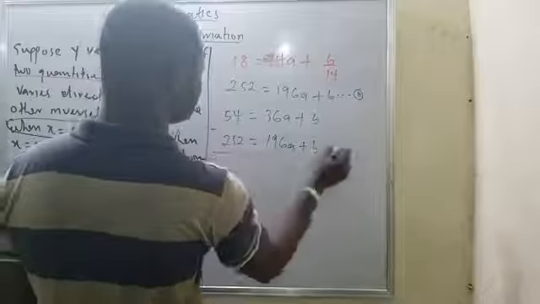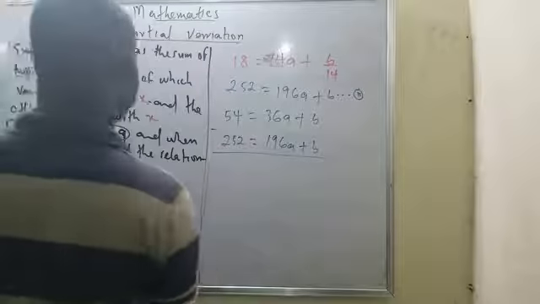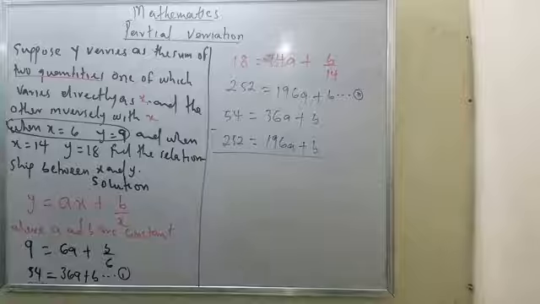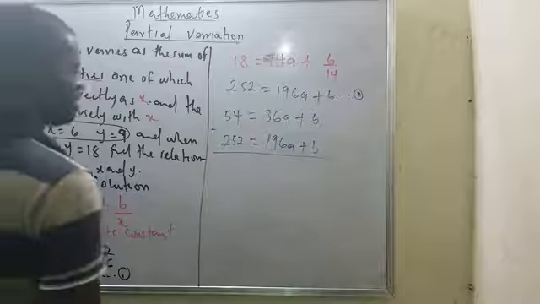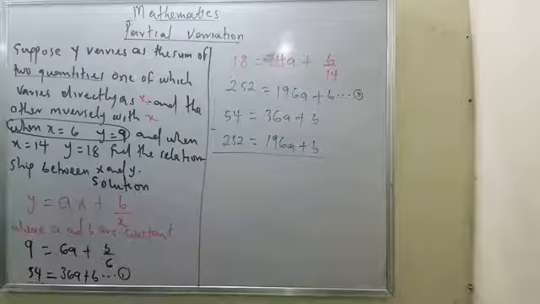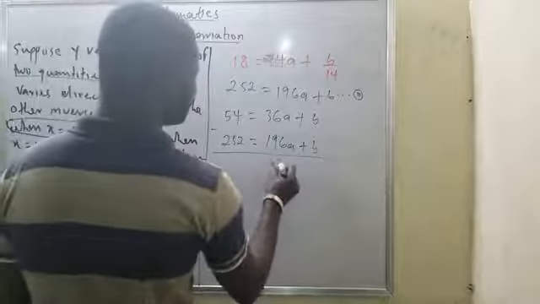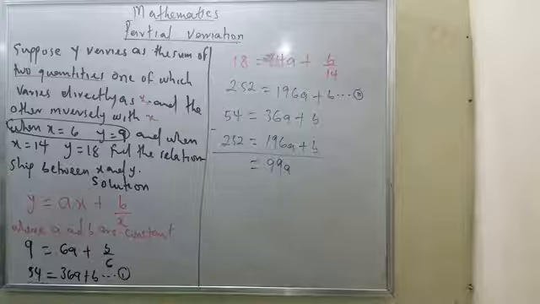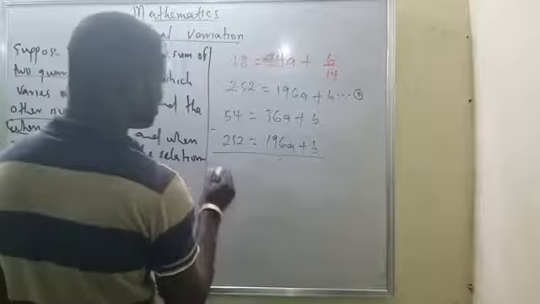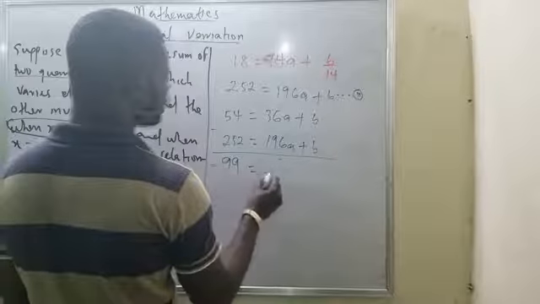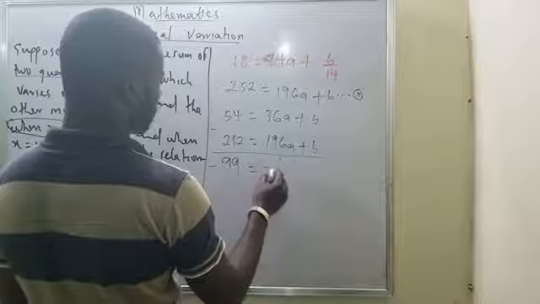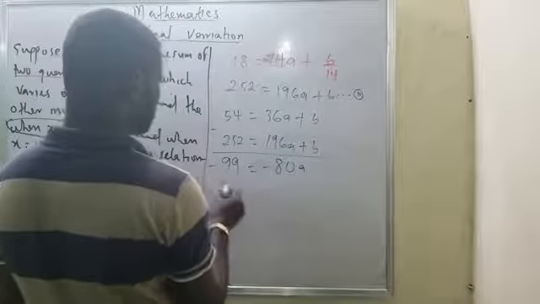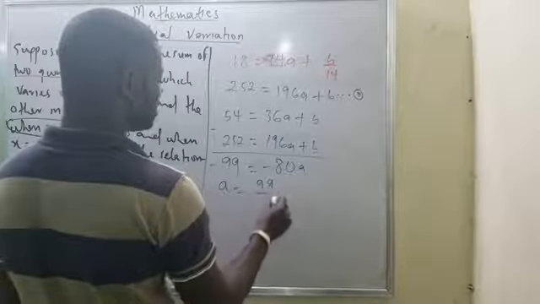I will be subtracting them from each other, which gives 99 equals 80a. So a equals 99 divided by 80.